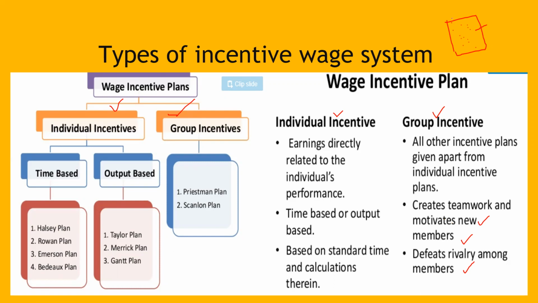So the overall performance of your group will be considered based on some standards fixed by the company or organization, and they will compare your group's actual performance with the standard which they have fixed, and they will pay the incentive for the whole group, where you will not be having any kind of rivalry among yourselves.